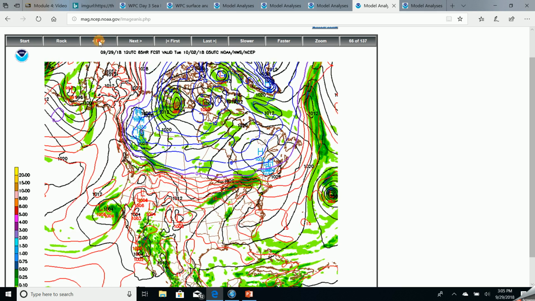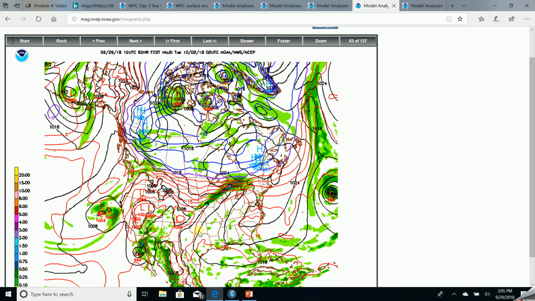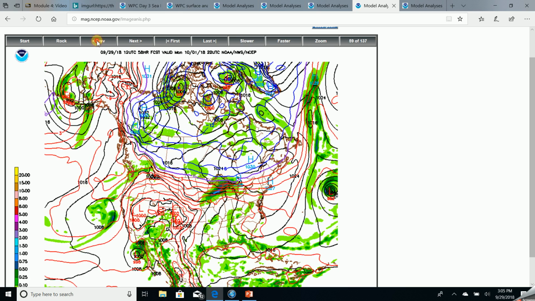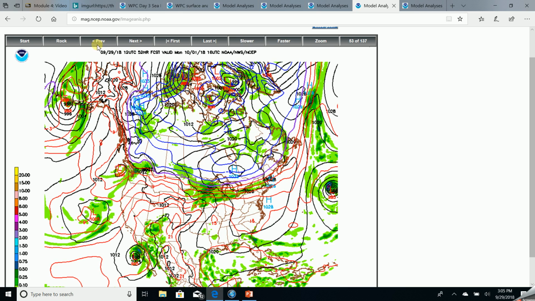Here's Rosa. See the intense low at the surface? And this is at 18Z on Monday.